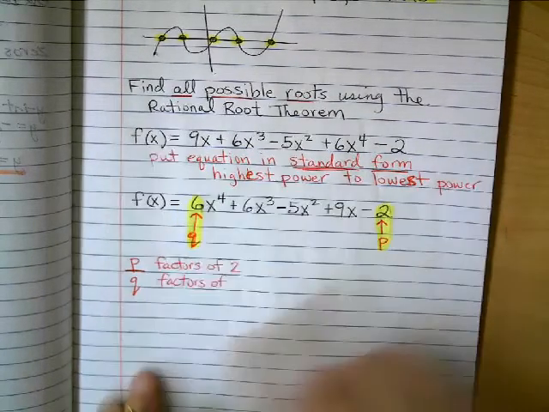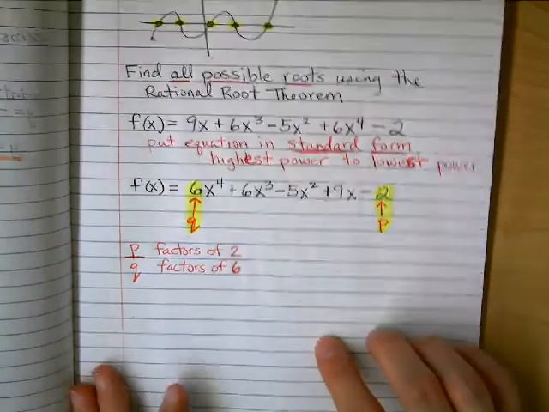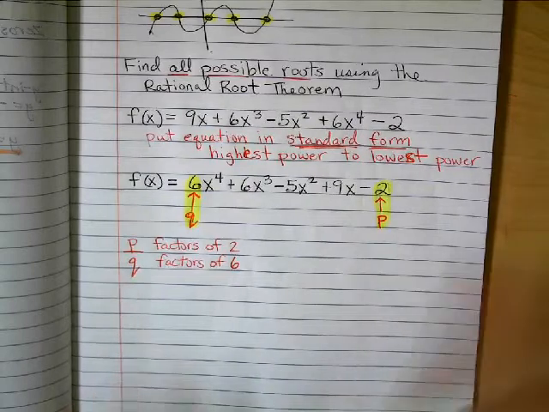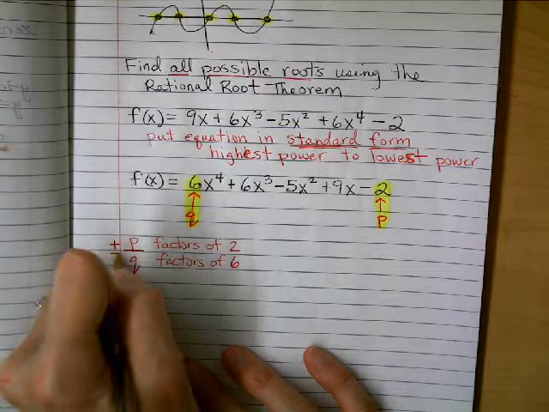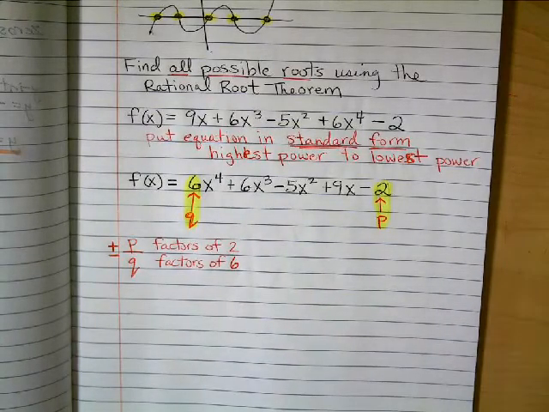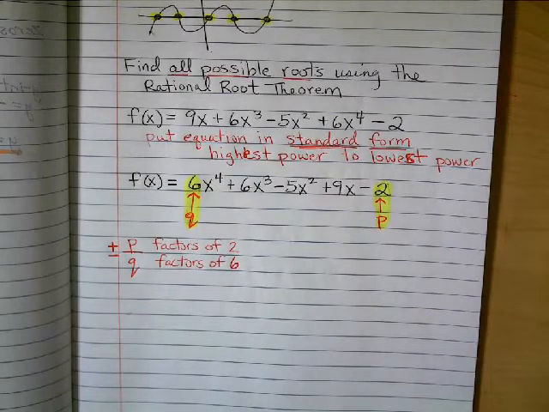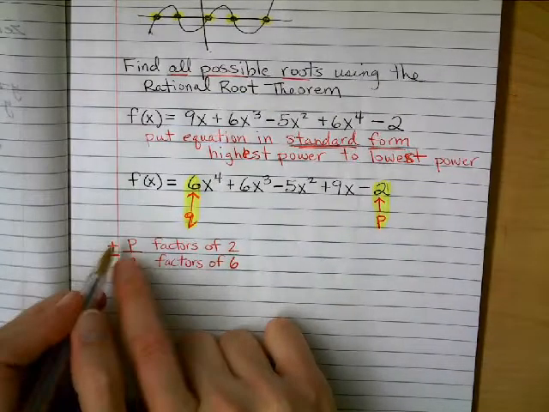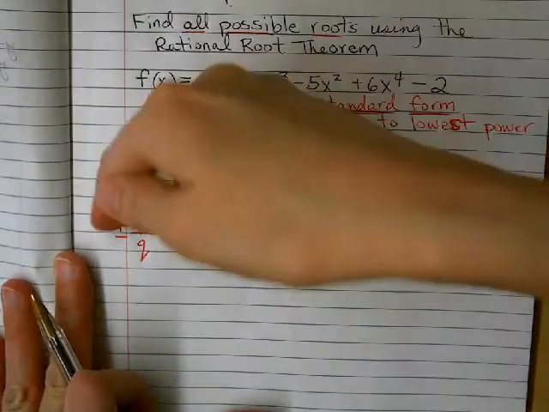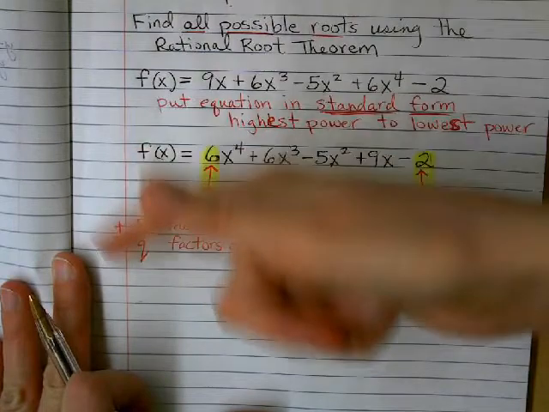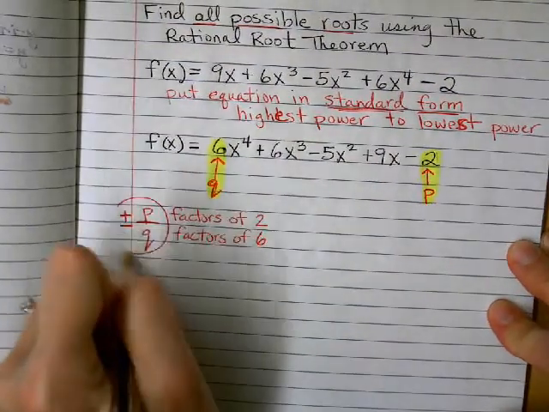The Q number is 6. It's always P over Q. We list all the possible combinations of the factors of 2 over the factors of 6, and it's plus or minus P over Q. That's how we make a list. This is the little formula you need.